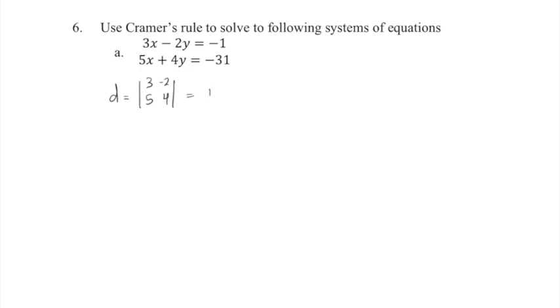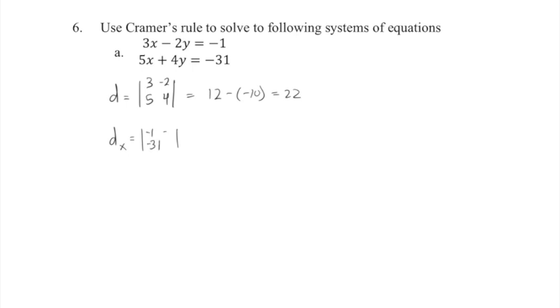So that's 3 times 4, which is 12, minus 5 times -2, which is -10, which is 22. The next determinant, D sub x, the subscript x means the values in this x column are going to be replaced with those constant values. So instead of this 3 and 5 in the x column, we're going to have -1 and -31.